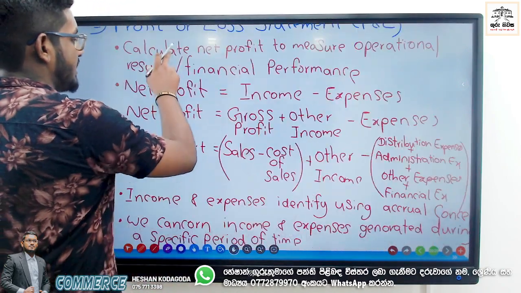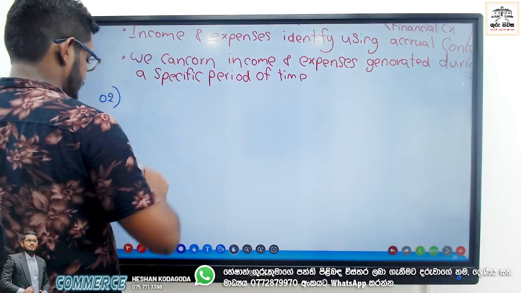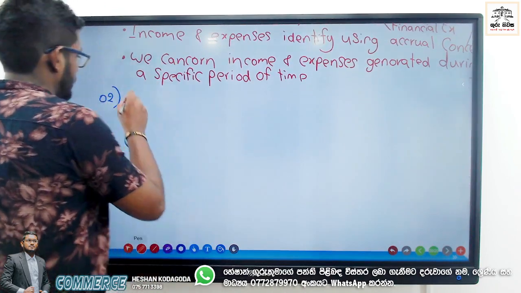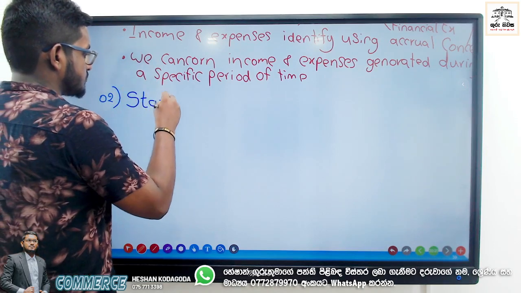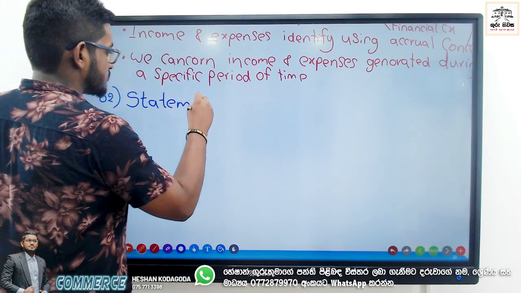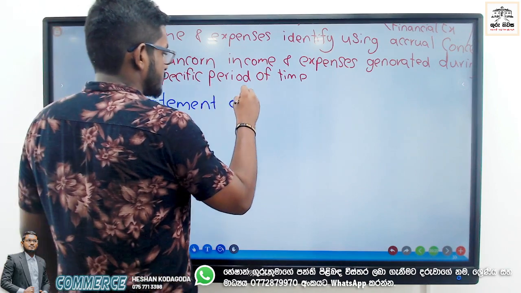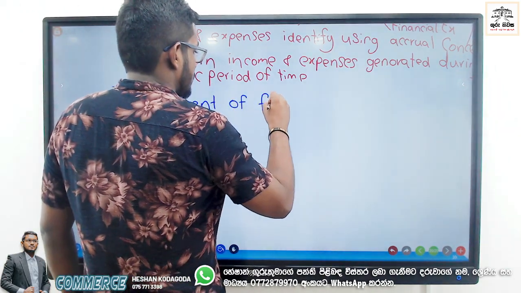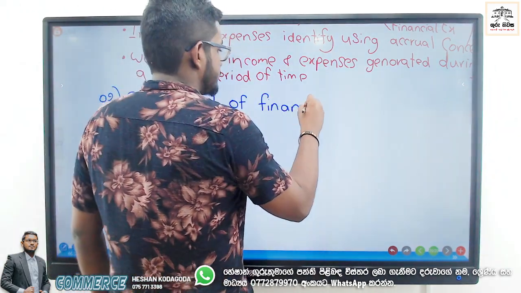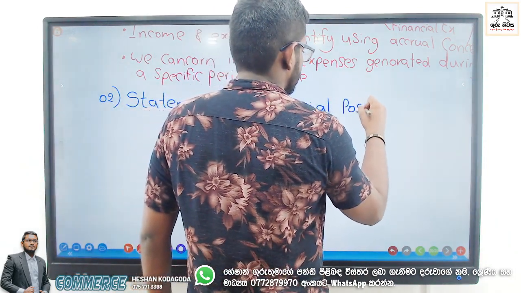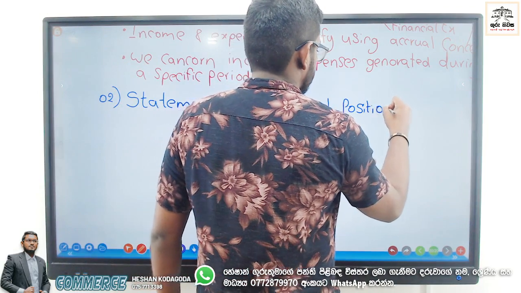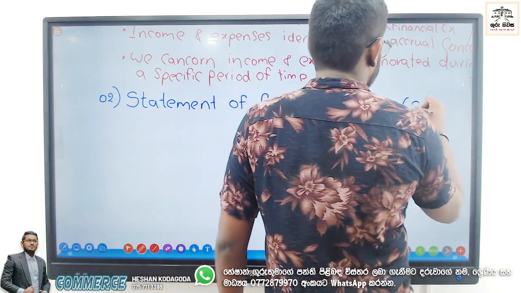First one P&L, the second one statement of financial position. We call it as SOFP.